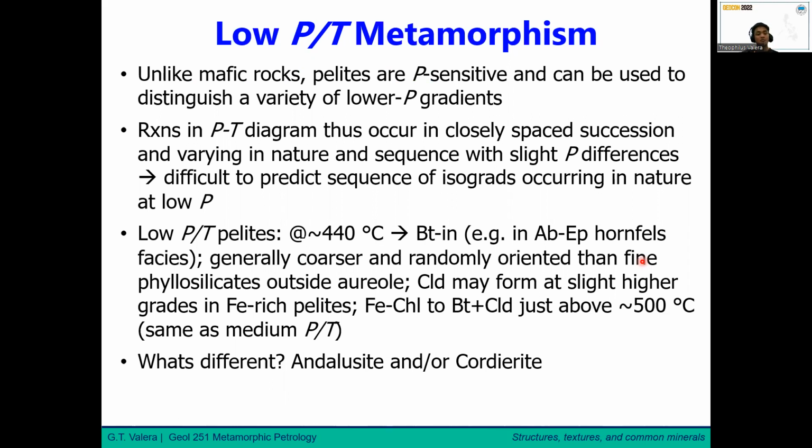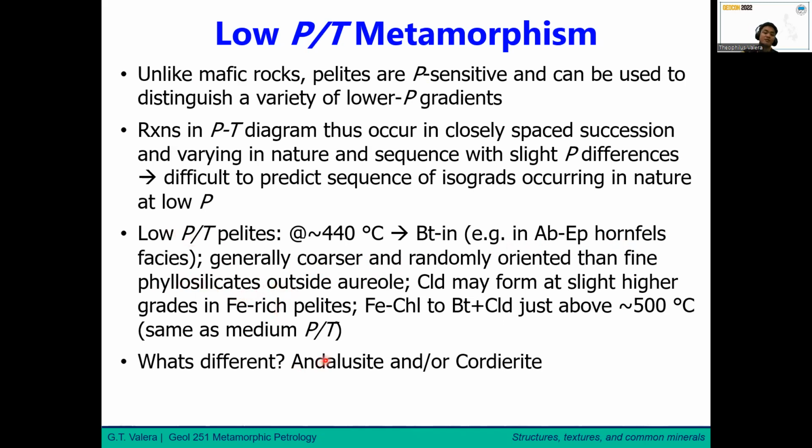However, at low PT, pelites at around 440 degrees Celsius, then biotite enters in albite-epidote hornfels facies, and this results in generally coarser and randomly oriented biotite than the fine phyllosilicates outside the aureole, kasi low PT is of course contact metamorphism.